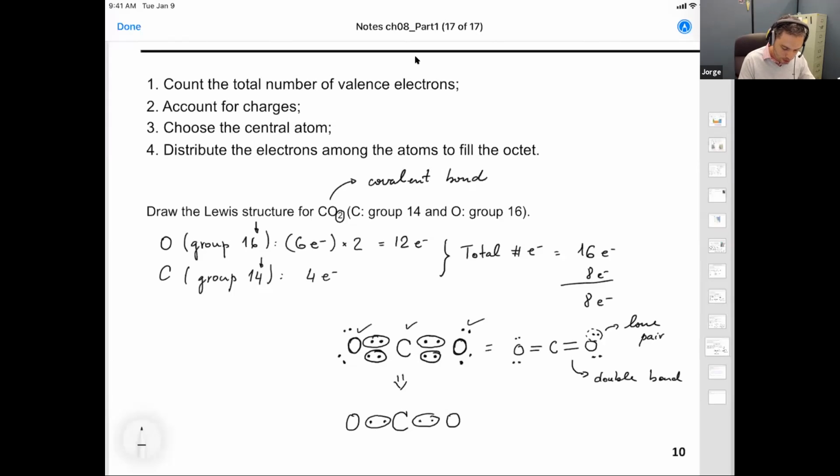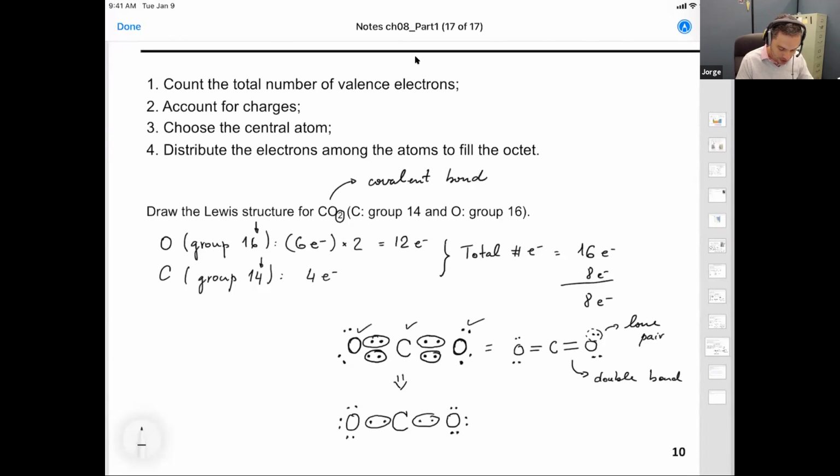1, 2 electrons for oxygen, 3, 4, 5, 6, 7, and 8. And then we move on to the other oxygen on the other side. 1, 2, 3, 4, 5, 6, 7, and 8.